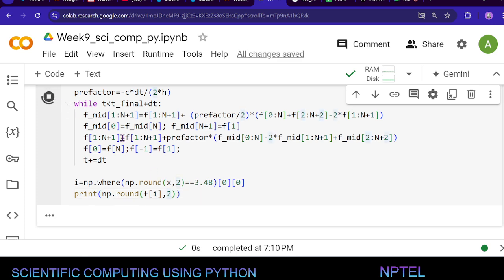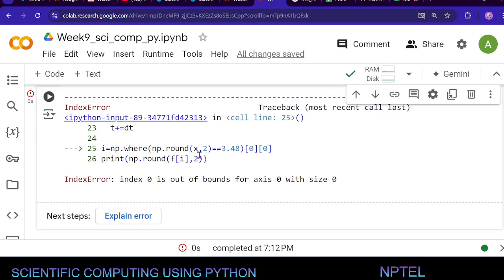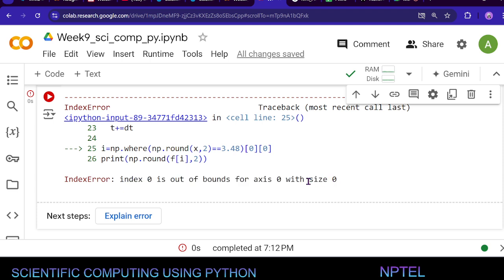So let's run this, and there is an error. And it's important to be able to understand the errors, right? What it says is index 0 is out of bounds for axis 0 with size 0. So because it's size 0, it does not have any element.